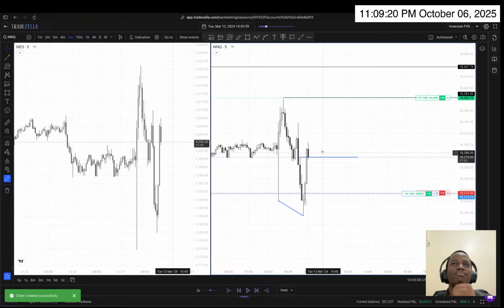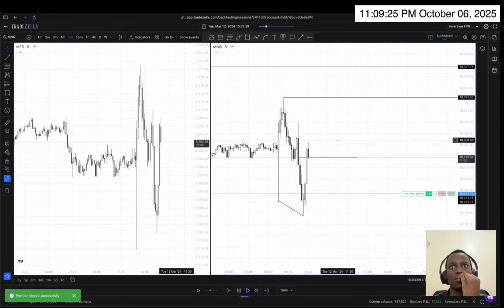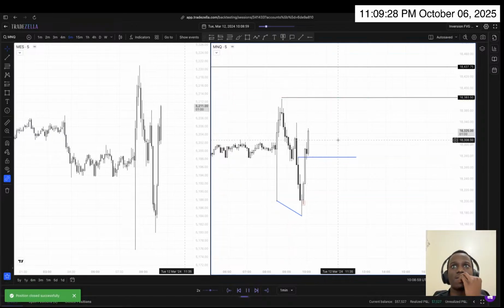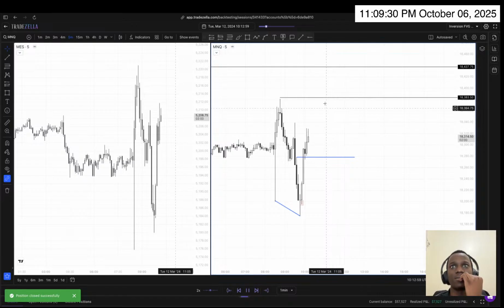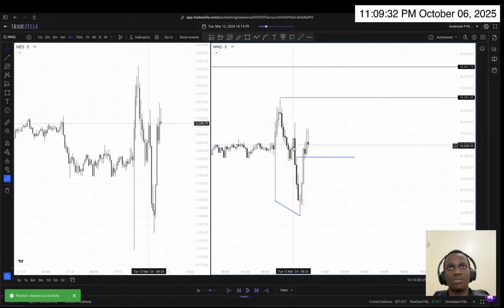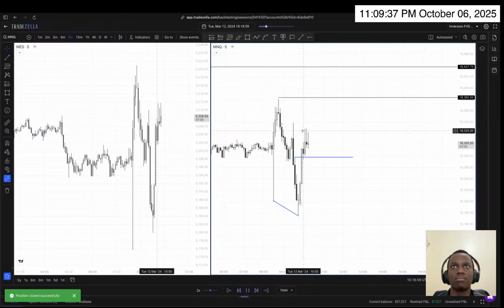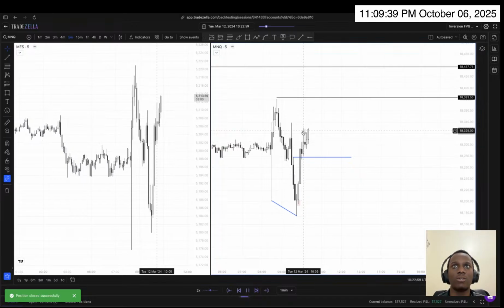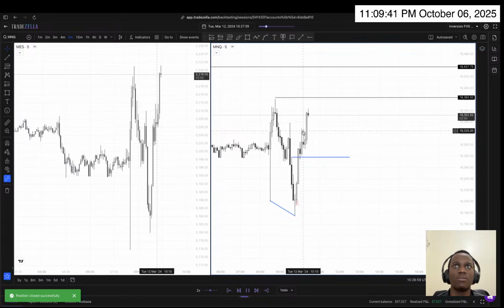All right, I'm going to close this here. I'm pretty confident it's going to continue higher. You can see how it delivers. It's probably going to continue this, but I closed it because of the 5-minute fair value gap and order block. So just going to sit and wait and observe full delivery.